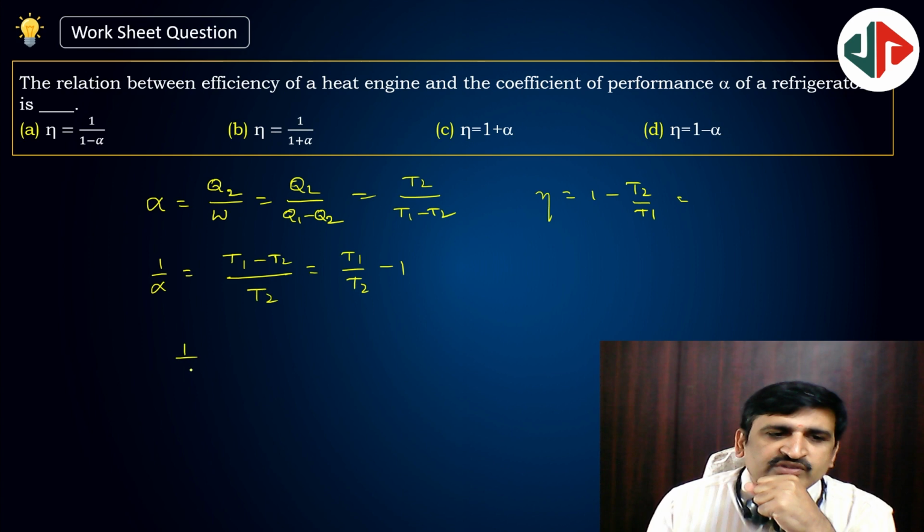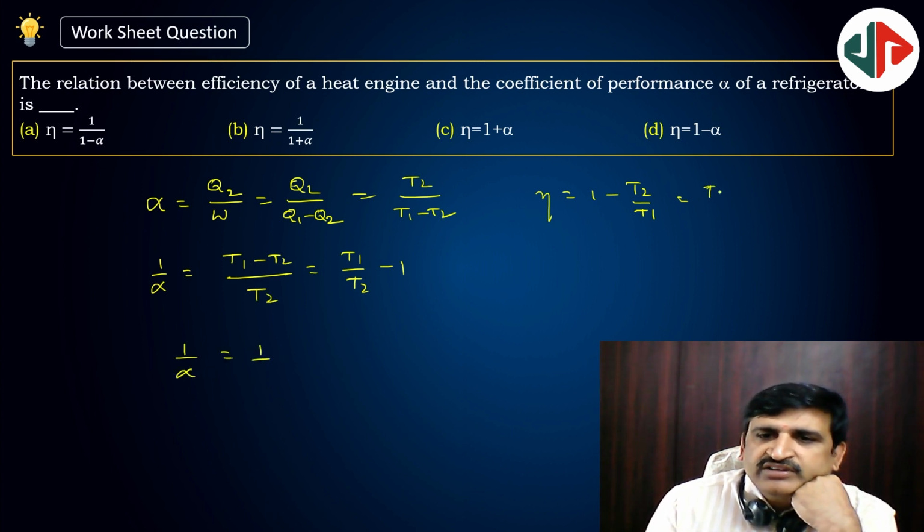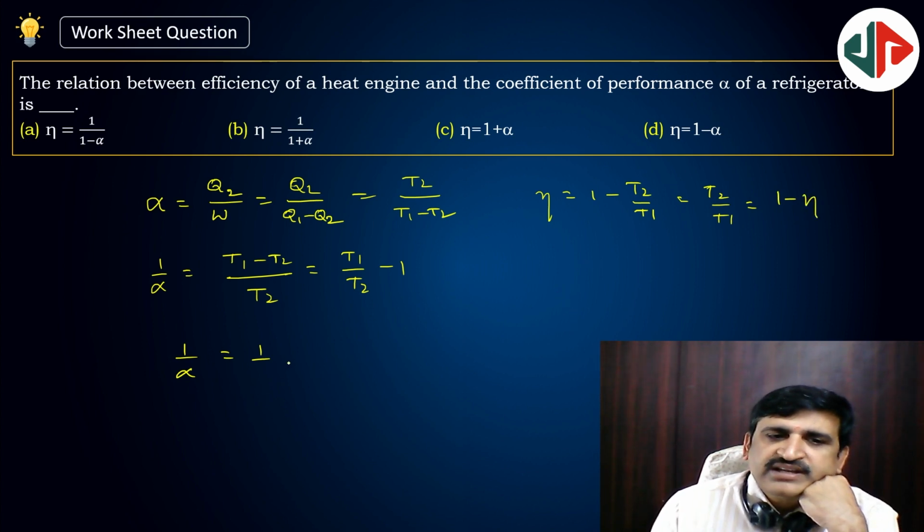So 1 by alpha is equal to T1 by T2 minus 1, and T2 by T1 is equal to 1 minus eta. So this must be 1 by (1 minus eta) minus 1, which becomes (1 minus 1 plus eta) by (1 minus eta). So 1 by alpha equal to eta by (1 minus eta).